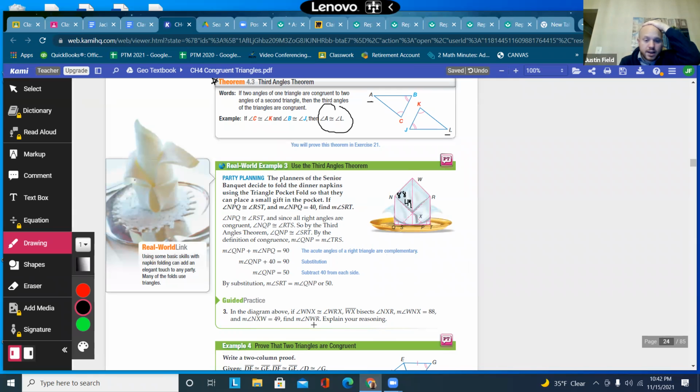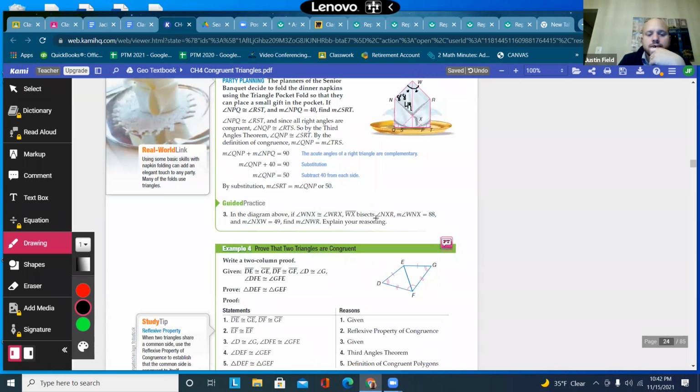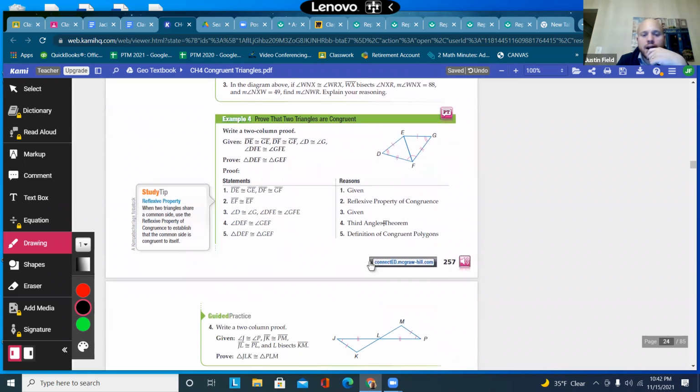I find angle NWR. Well, we're going to be able to figure out this one, and then we're going to know this one is the same as it. So then we can just multiply by 2. Hopefully you can do that. Third angle theorem. All right, let's do the proof.